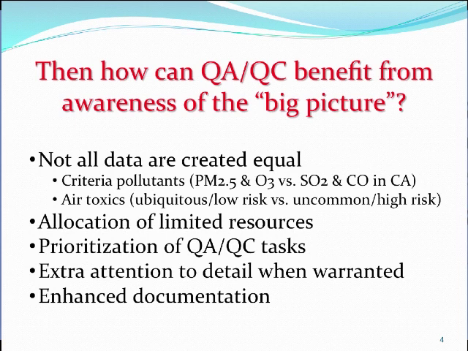And again, big picture, we all have limited resources when it comes to doing this work, so you might want to think about where you want to allocate those resources in terms of doing research on a certain set of data or looking at different pollutants more carefully. Again, prioritization of those tasks, and even if you're meeting all your QA requirements, you might go above and beyond a little bit when it's really a very important issue: extra attention to detail, enhanced documentation, just in case that data point comes into question.